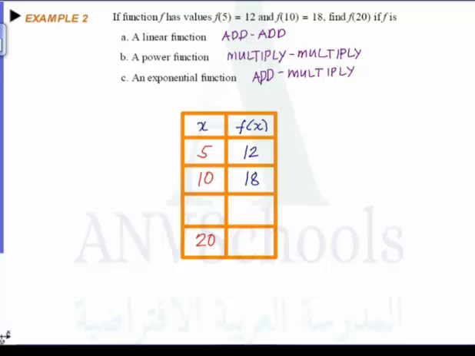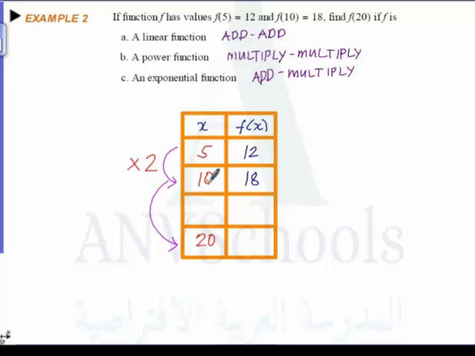Now if our function is a power function, it's multiply, right? Therefore, we should have a multiply pattern. In this case, we see that we have a pattern going through the x values, and the previous to the succeeding gives us times 2, right?